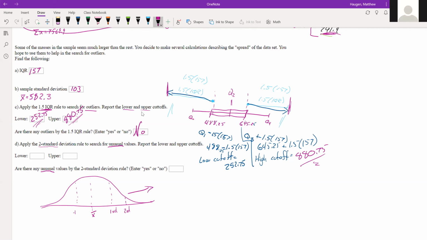So 582.3 plus 206 and 582.3 minus 206. And that's 788.3 and 376.3. Is that right?